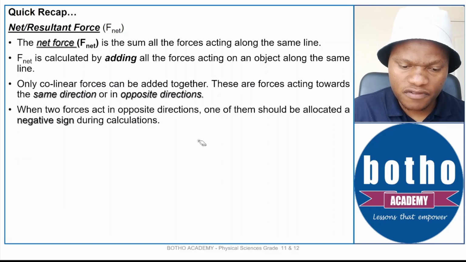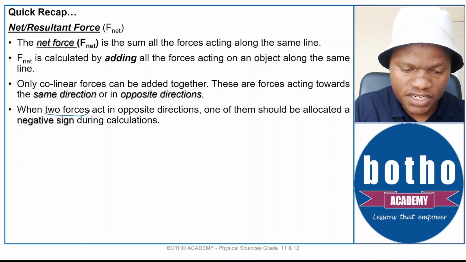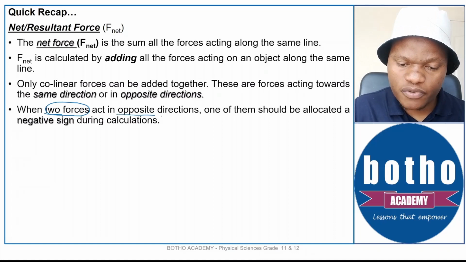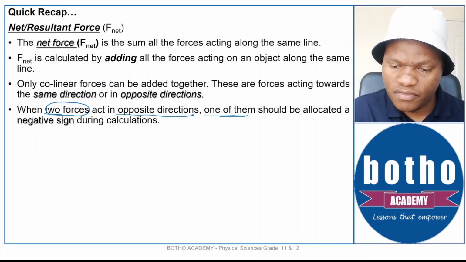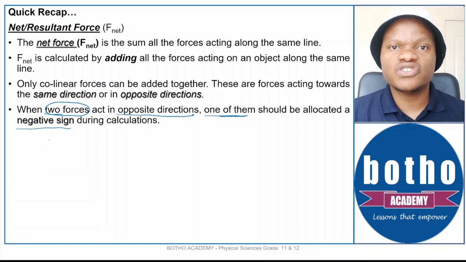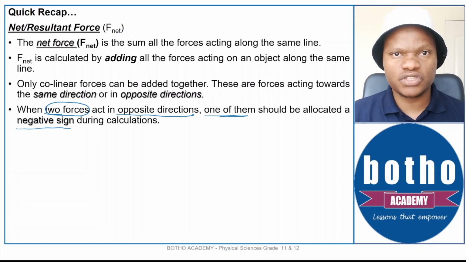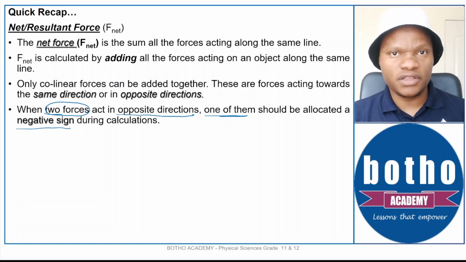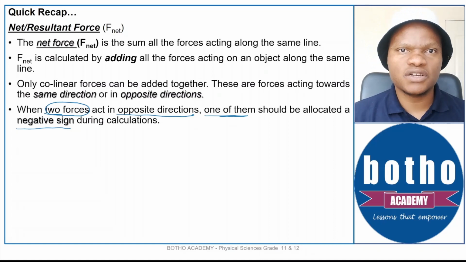If you have two forces going in opposite directions, one of them should be allocated a negative sign. This is to show that the two vectors cannot add to a bigger value because they are opposing each other. In other words, they are cancelling each other out. If they were equal, they would cancel each other out and you'd get an answer of 0.